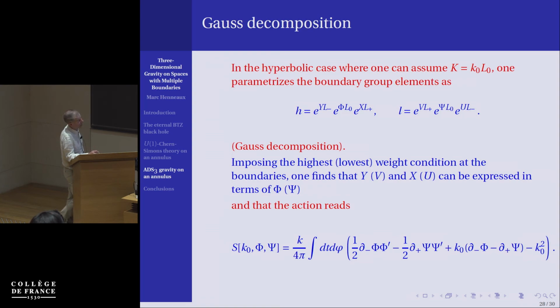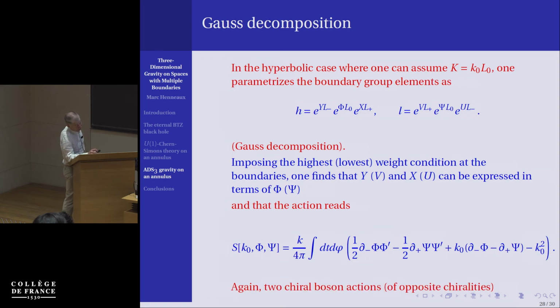So we have two chiral bosons, one at each boundary, and the difference between them is canonically conjugate to K0. Recall that this is phi dot minus phi prime, this is psi dot plus psi prime, so we see that phi dot minus psi dot multiplies K0, so phi minus psi integrated over phi is really the conjugate momentum to the holonomy, just as we saw in the case of U1.